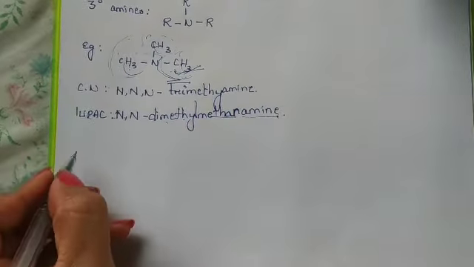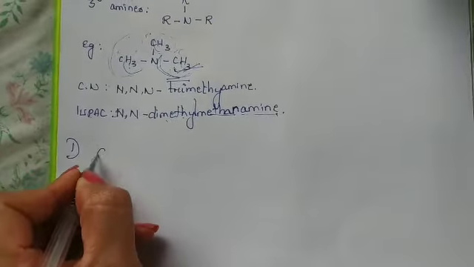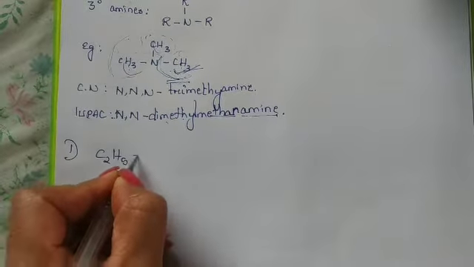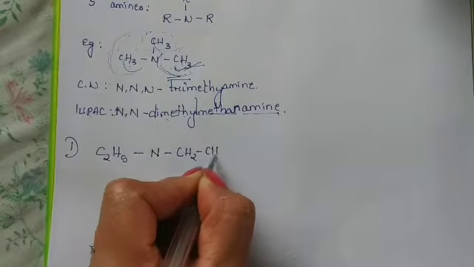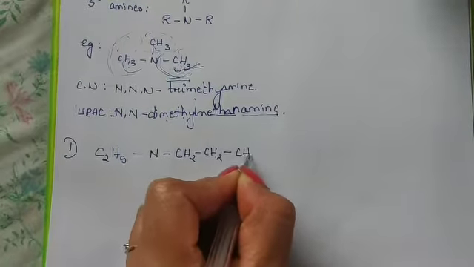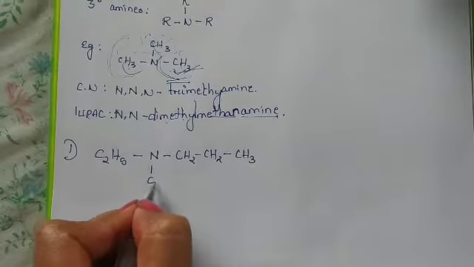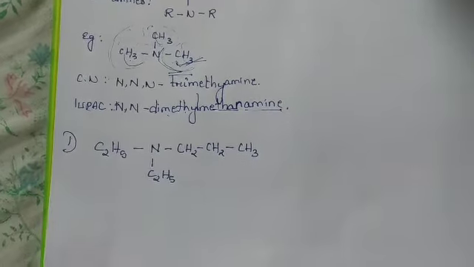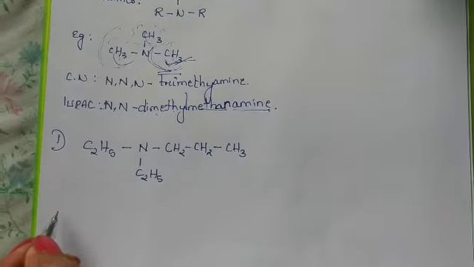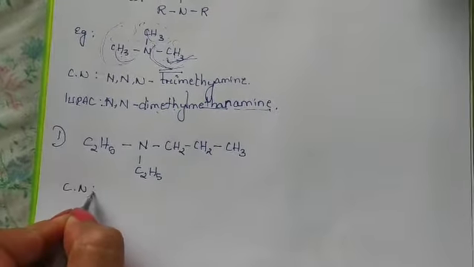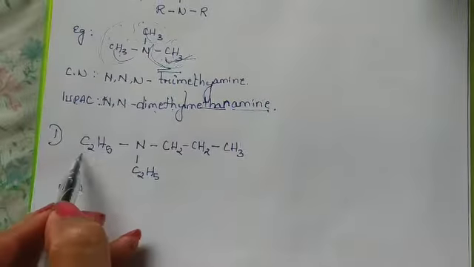Now let us do some examples. C2H5, CH2CH2CH3, and C2H5. Now firstly let us check the common name. There are two ethyl groups.